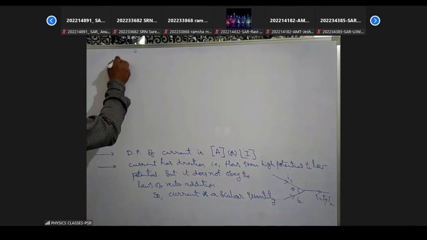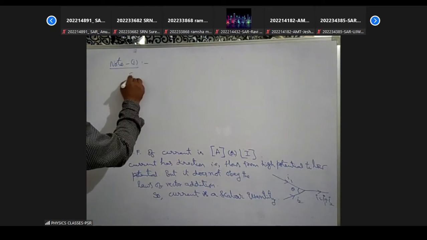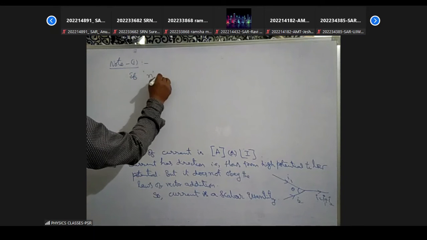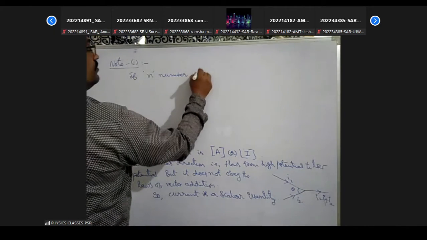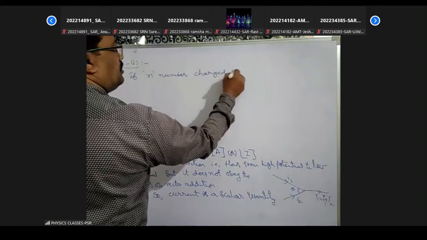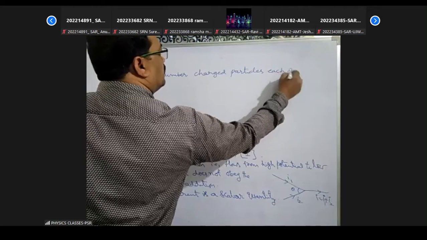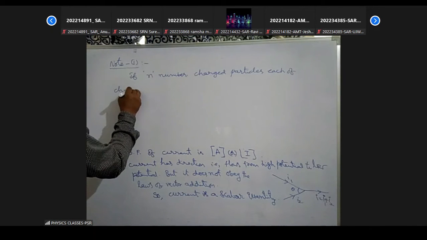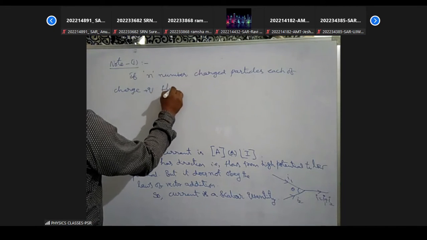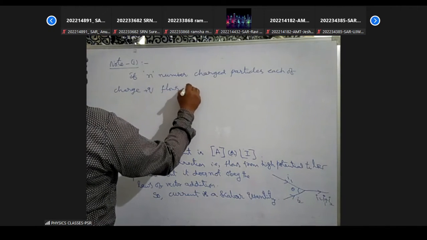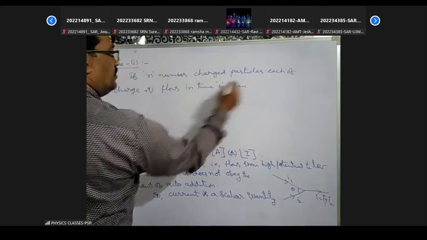Note points. Note 1. If n number of charged particles, each of charge q, flows in time t, then what is the current?